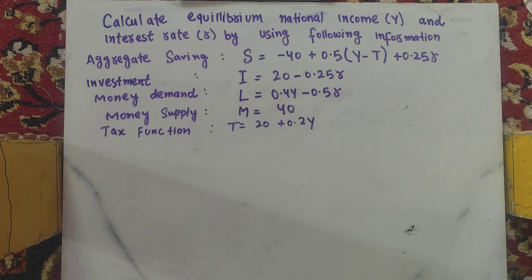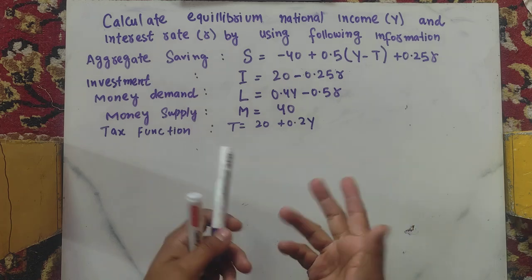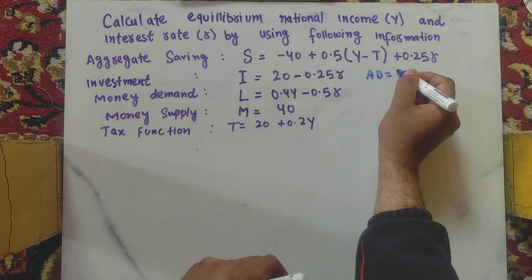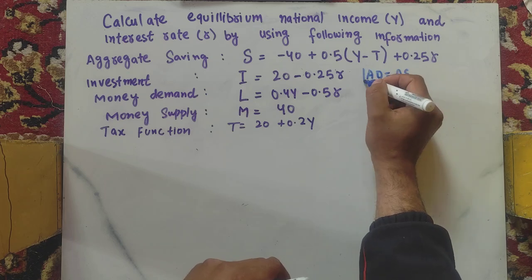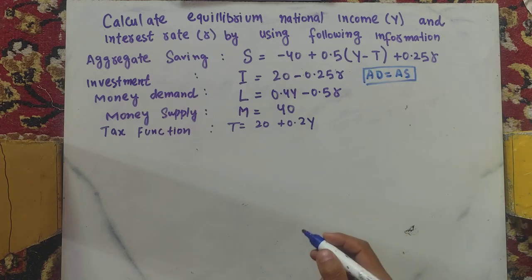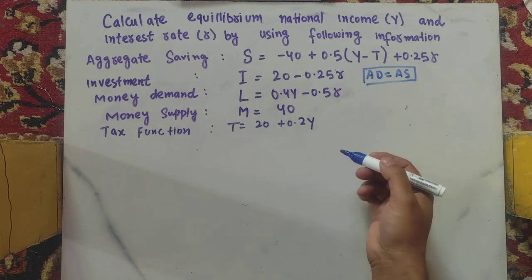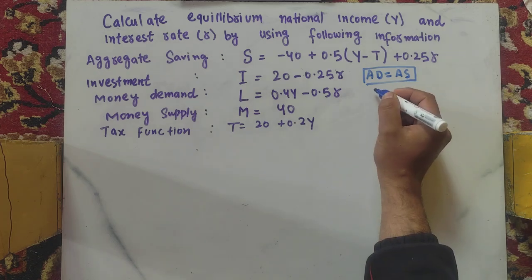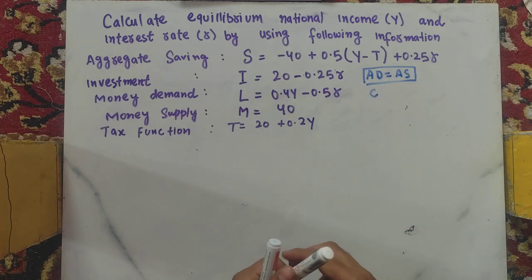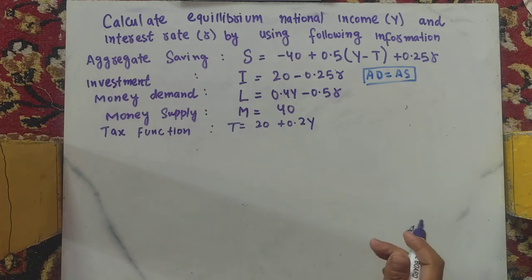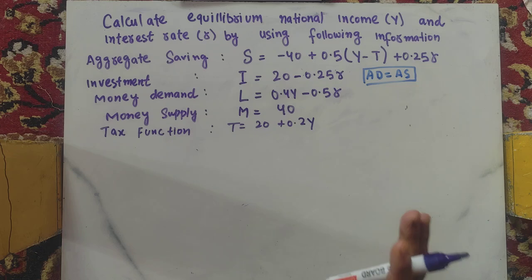Now we know that at equilibrium, aggregate demand should be equal to aggregate supply. The components of aggregate demand are consumption, investment, and government expenditure. Here we are not being given the consumption expenditure, so we can use another equation to find the goods market equilibrium.